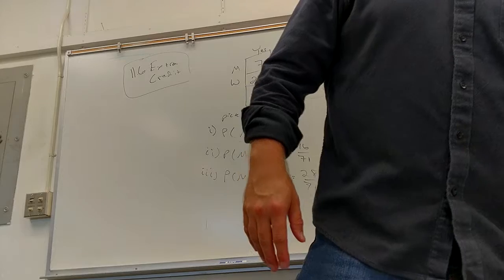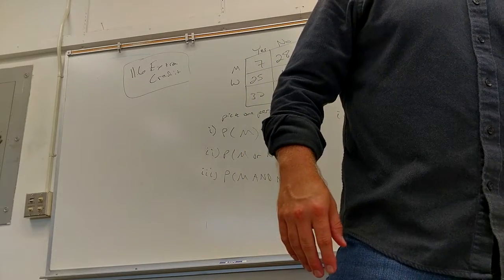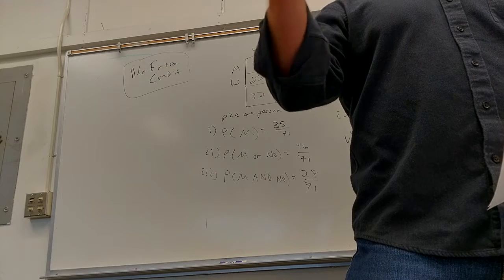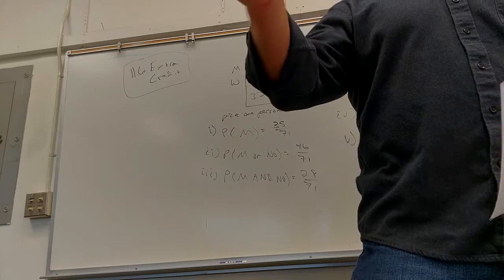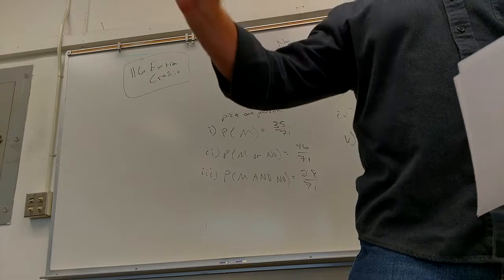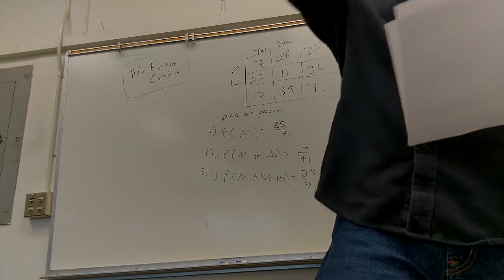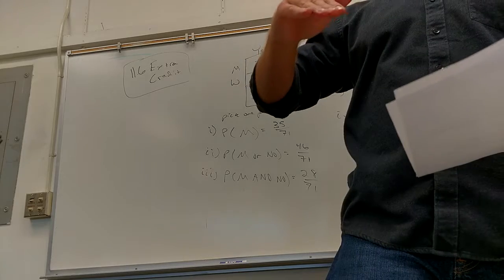Remember, all the calculator procedures are up on the website. It's called the TI Calculator Guide. That includes the steps for doing linear regression correlation.